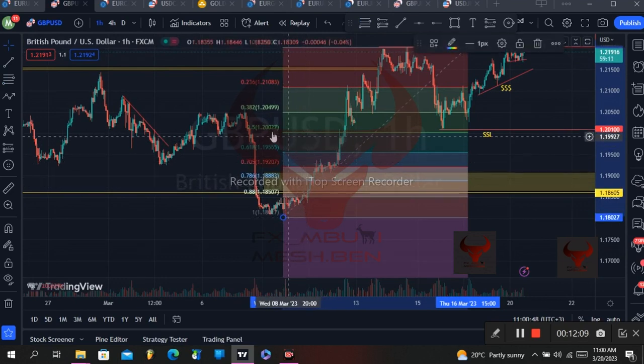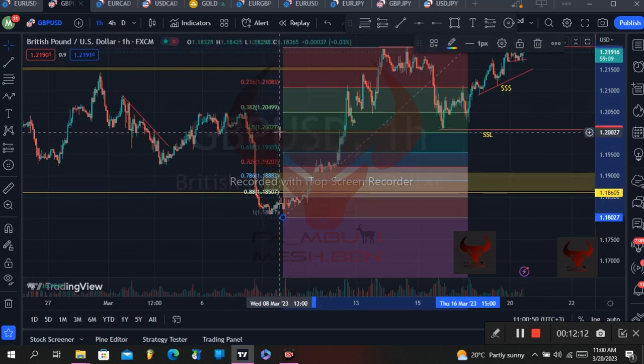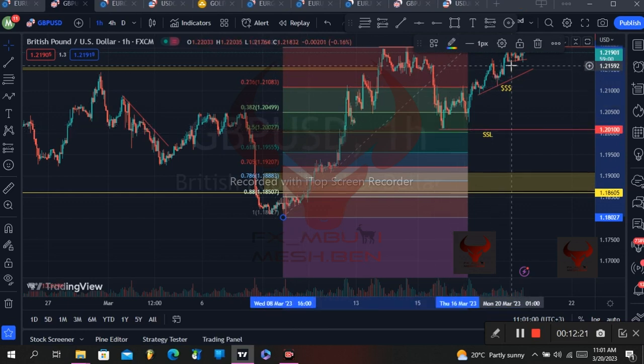The discount is below this 50% equilibrium, but as you can see, the market took a turn before getting to this 50%. So this is not a clean buy, this is just liquidity inducement.